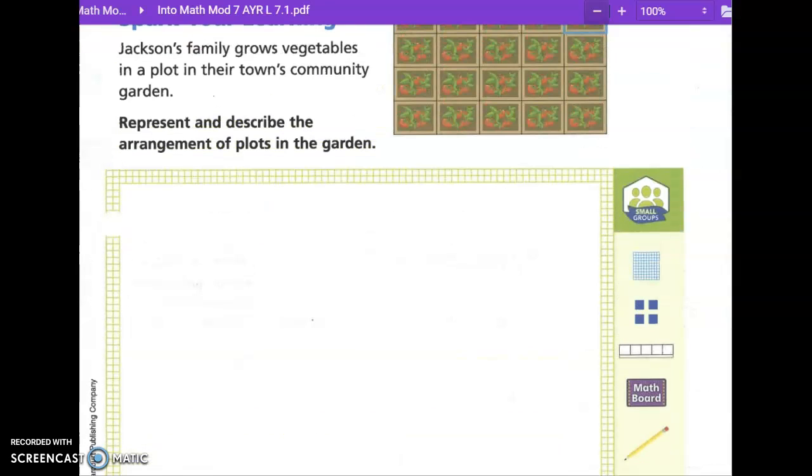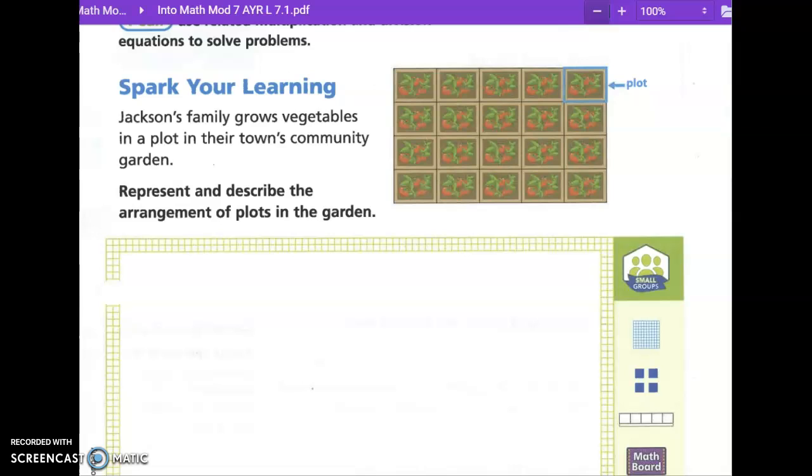Represent and describe the arrangement of the plots in the garden. So if we're going to represent it, let's do it with a bar model today. But we need to count our rows. How many rows do we have? 4 rows. How many columns are there? Please put a 4 by your rows. How many columns are there? 5.